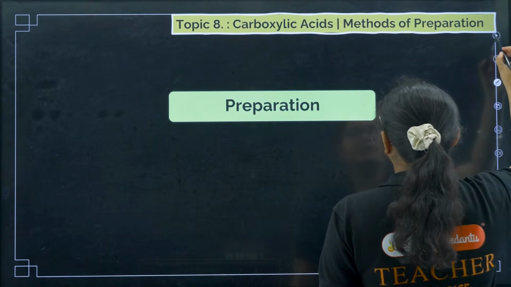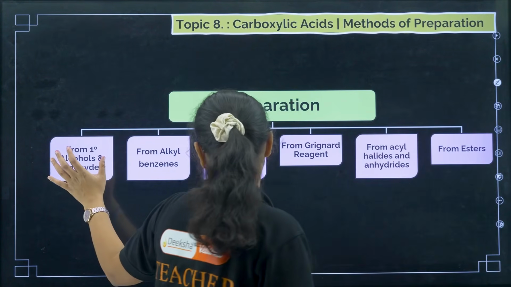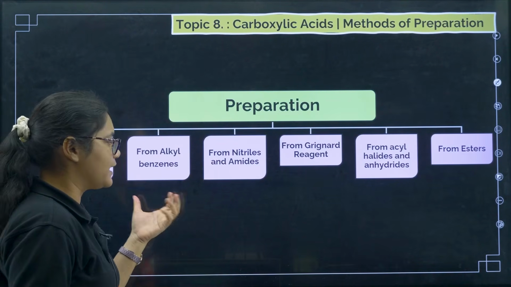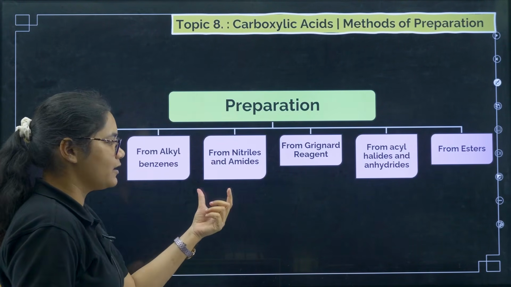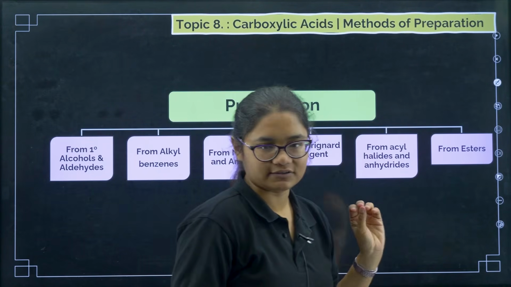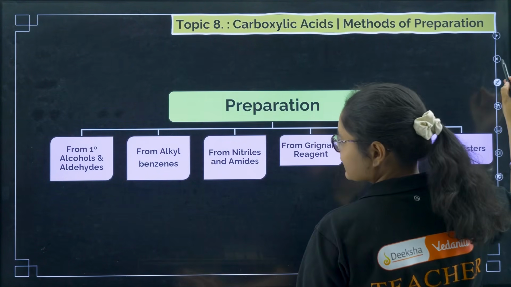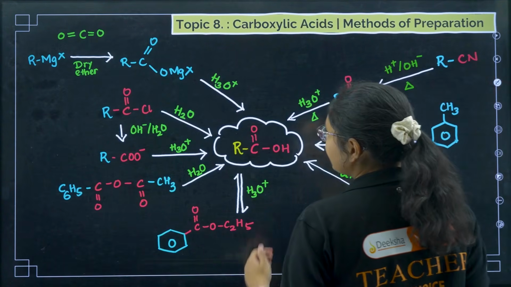Next, coming to the methods of preparation, I told you there were 6 methods of preparation. First is from alcohols and aldehydes, from alkyl benzenes, from nitriles and amides, Grignard reagent, acyl halides and anhydrides, and esters. Let us see the first one, from alcohols and aldehydes.